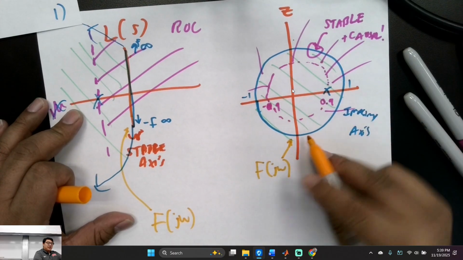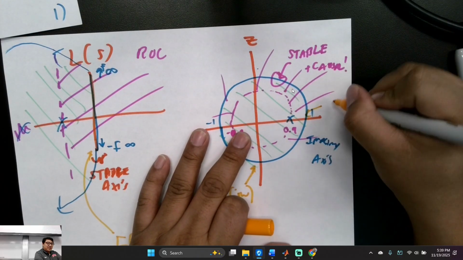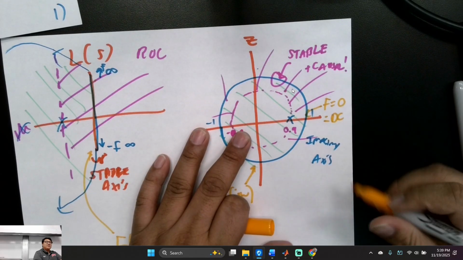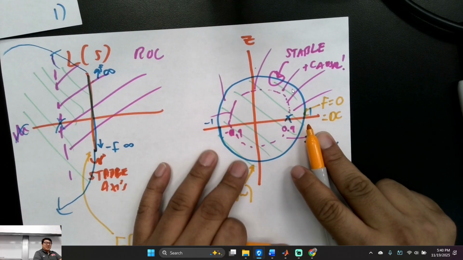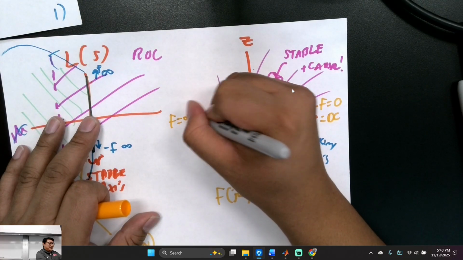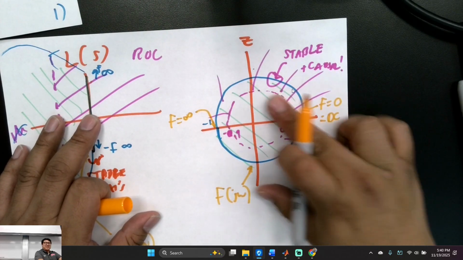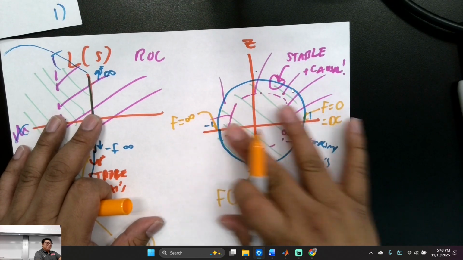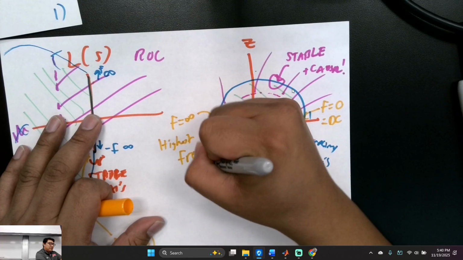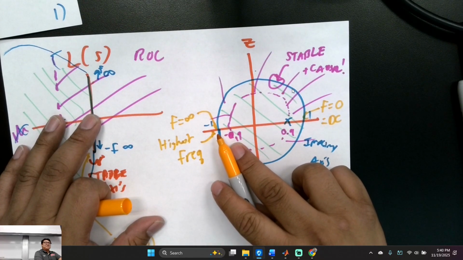You can get a Fourier transform just by running around the circle, where this right here is your frequency at 0, AKA DC. That's where our DC analysis is going to happen. And this right here is, if you wanted, F equal to infinity or something like that. But in terms of just our digital domain, there's no such thing as infinity frequency. It's just our highest frequency at that point. Is that making sense with everybody?